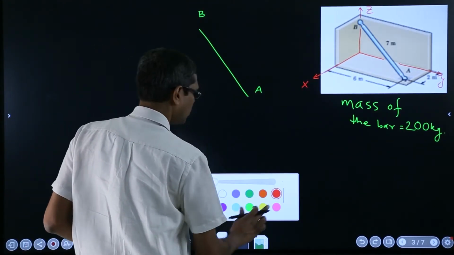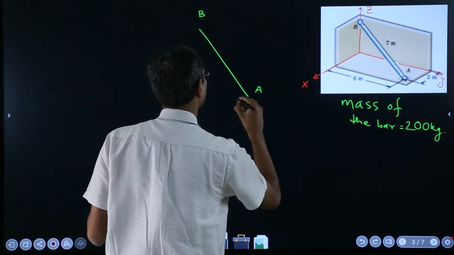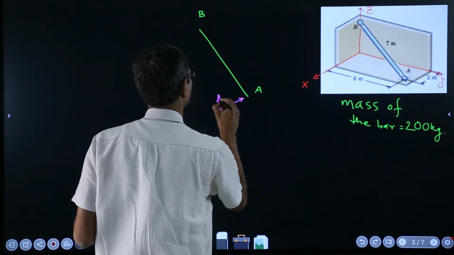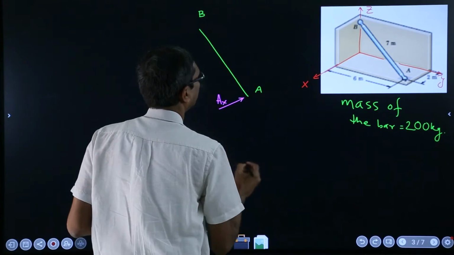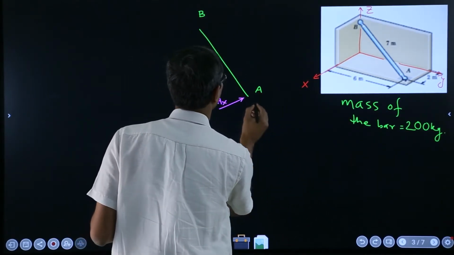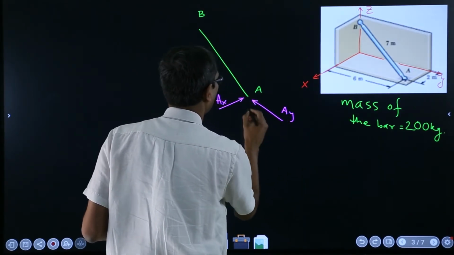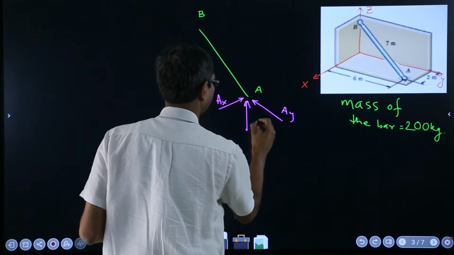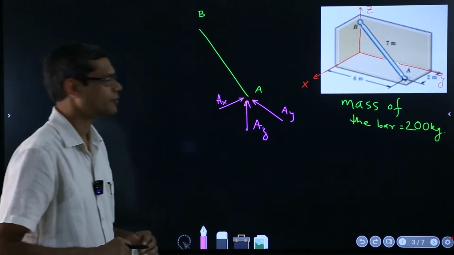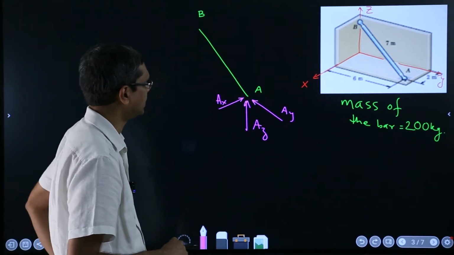So you should start putting AX in this direction, then y is in this direction, so this is AY and this is AZ. These are the reactions which will come from the socket sitting there.